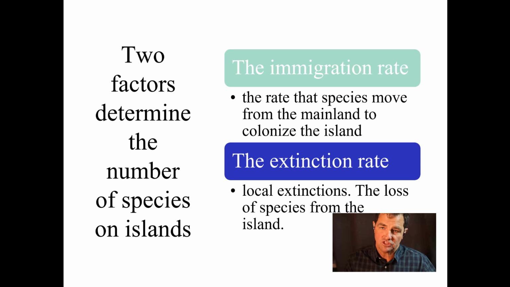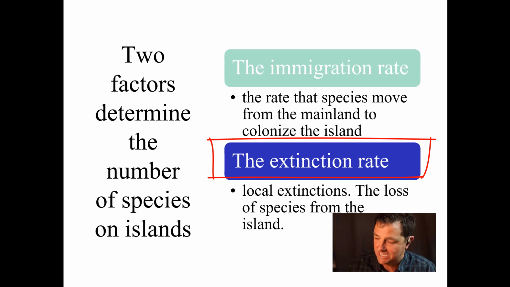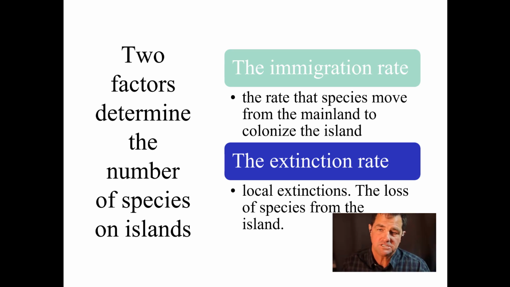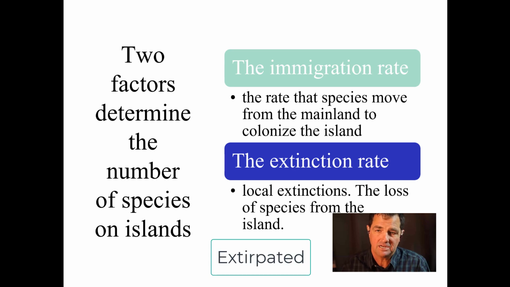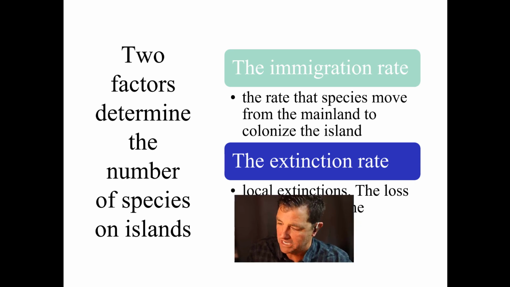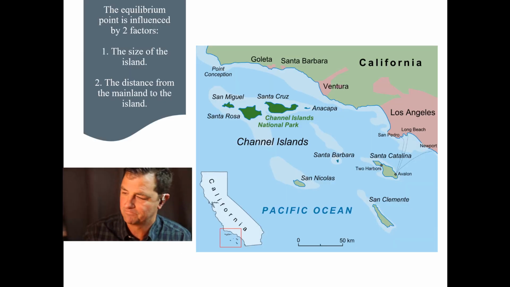The other factor determining the number of species on the island is the extinction rate, which is local extinction, where a species is no longer on that island. A better use of the term, often at least, is extirpated, because the animal or plant probably lives elsewhere, but it's no longer on that island.